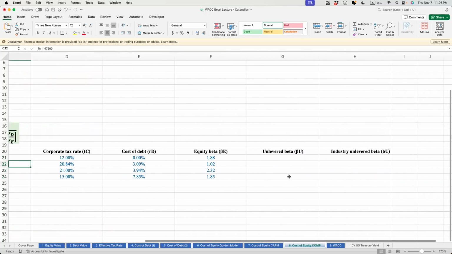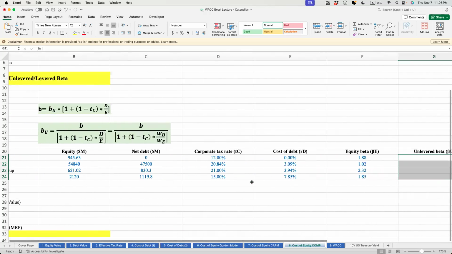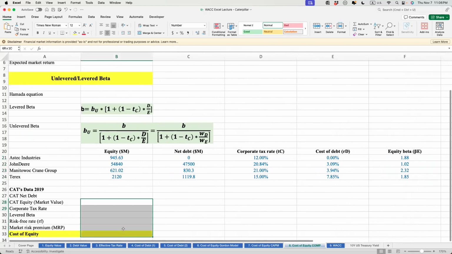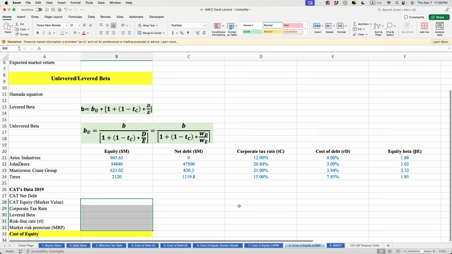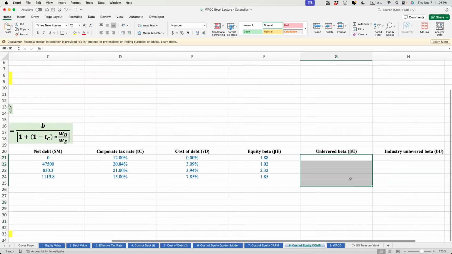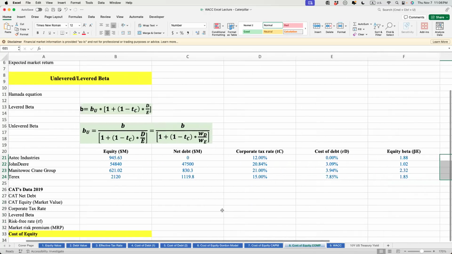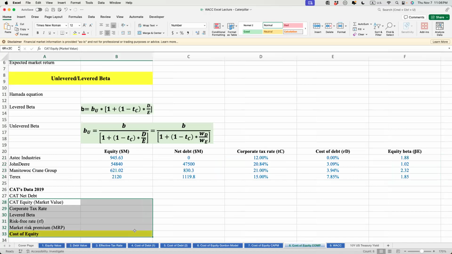And then we're going to use this unlevered beta as a proxy for our company. For Caterpillar specifically, we do know that Caterpillar uses debt, meaning we now have to re-lever the beta, giving this unlevered beta the actual risk that's specifically linked to our company's debt.